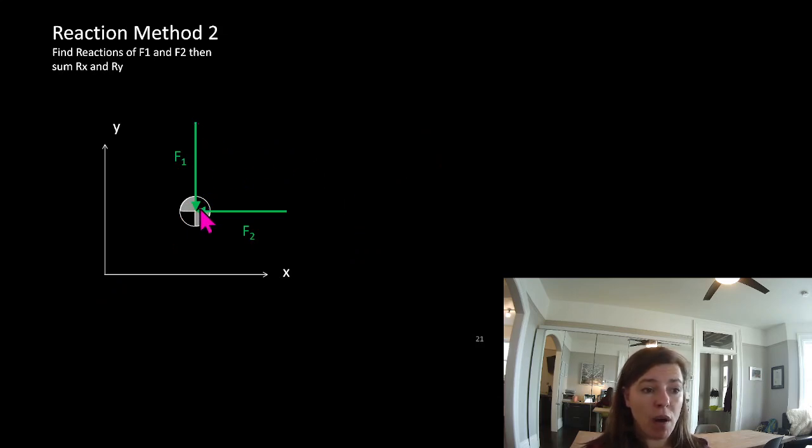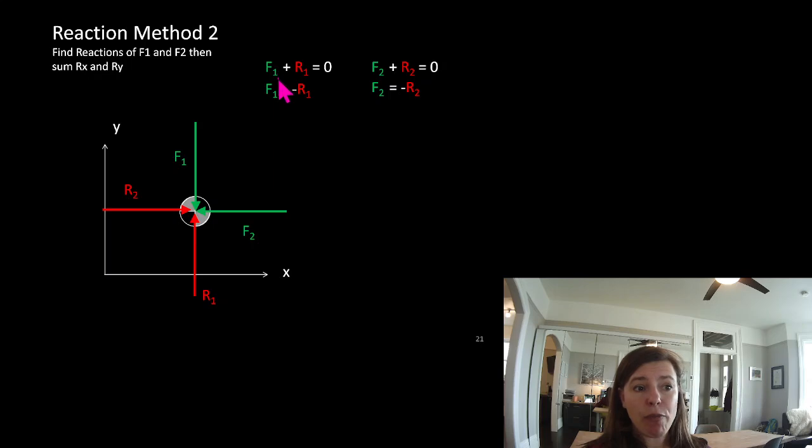Here's our F1 downwards and our F2 in the x-axis. F1 plus R1 has to be 0. So F1, R1, we're going to get negative R1. F2, we don't want it to move in this direction either. So this was saying we don't want it to move up or down. This is saying we don't want it to move back and forth. So F2 plus R2, some unknown reaction, has to equal 0.